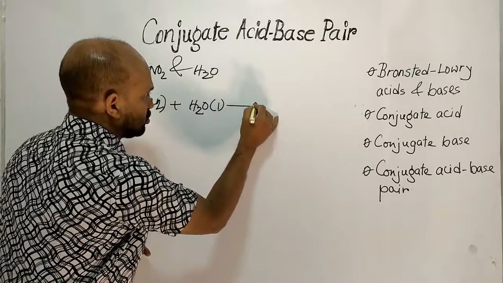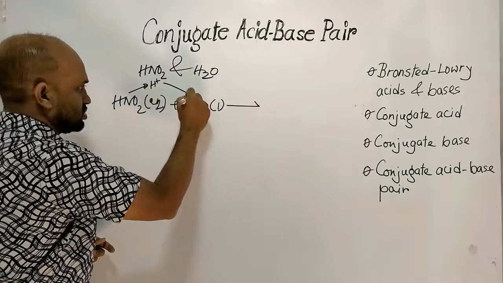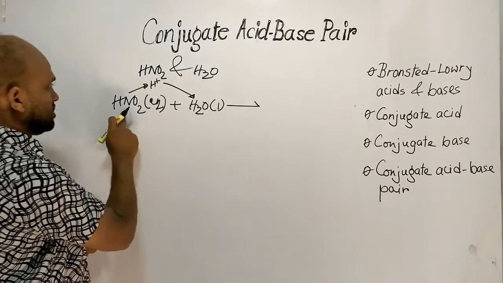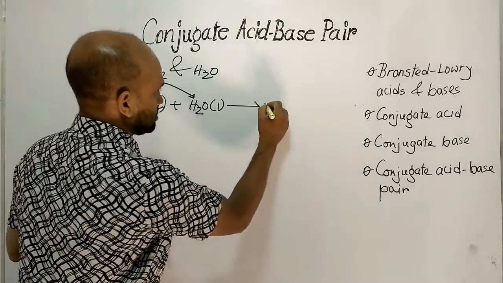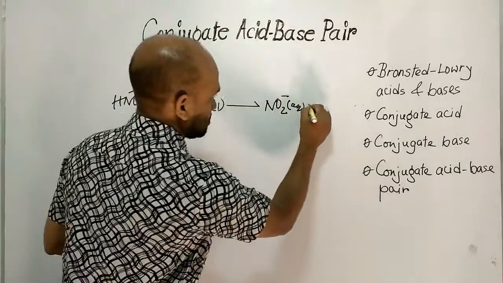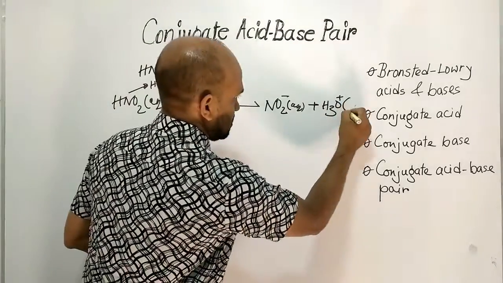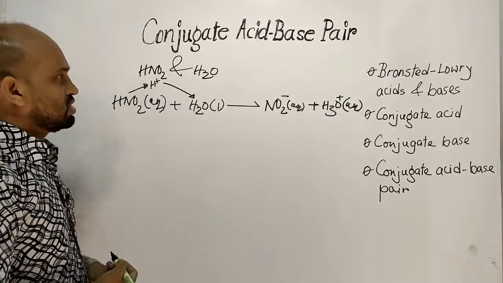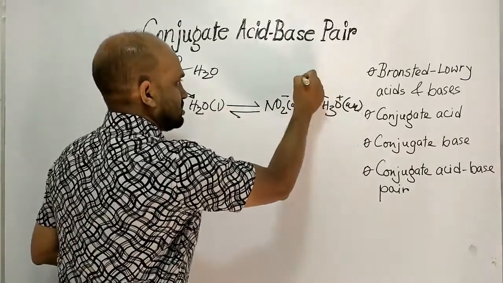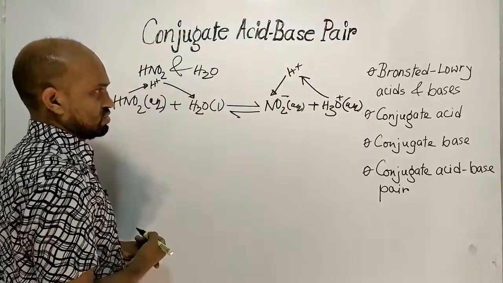When the reaction is moving forward, this is acid, proton donor, this is Bronsted-Lowry base, proton acceptor, and after releasing proton it becomes nitrite ion, and water becomes a hydronium ion after gaining proton in aqueous solution. When the reaction is moving backward, it releases proton and nitrite ion gains that proton.